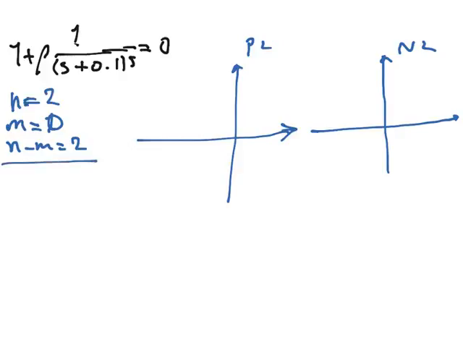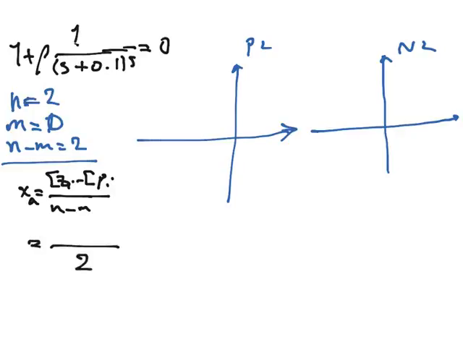Since we have two branches and two asymptotes, we need to determine the location at which the asymptotes cut the real axis, and then the angle of the asymptotes. For the location of the asymptotes on the real axis, we write xa equal to sigma zi minus sigma pi divided by n minus m.